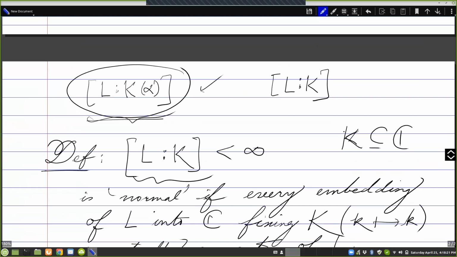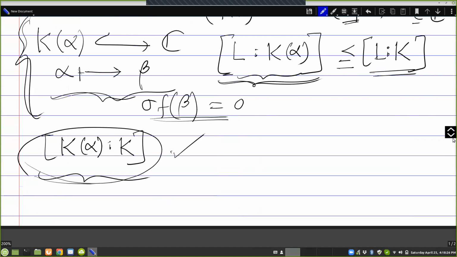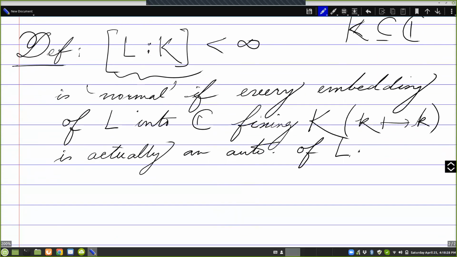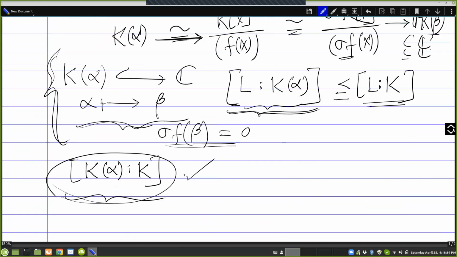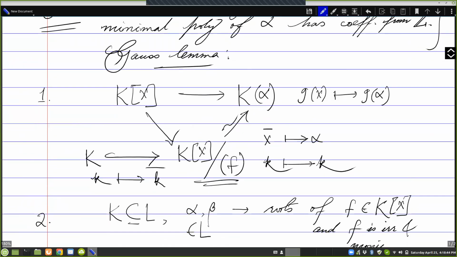Now I will tell you why this is relevant to our context. This is the main point of our theorem. Before getting into it, let me recall a terminology. Suppose alpha has its minimal polynomial f, then all the roots of f are said to be conjugates of alpha.